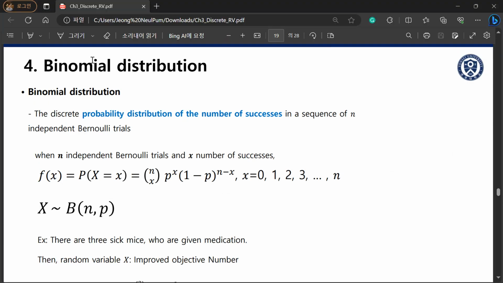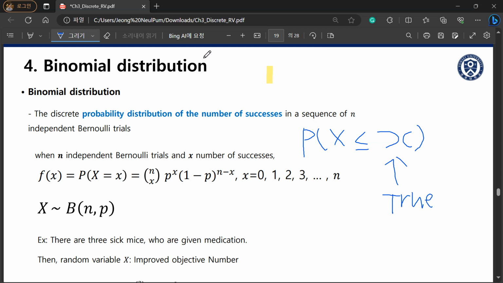So when you want to get the probability that our random variable is less than or equal to some target value, we use the lower tail option as true, like this one. However, with the other direction, like this one, we use the lower tail option as false.